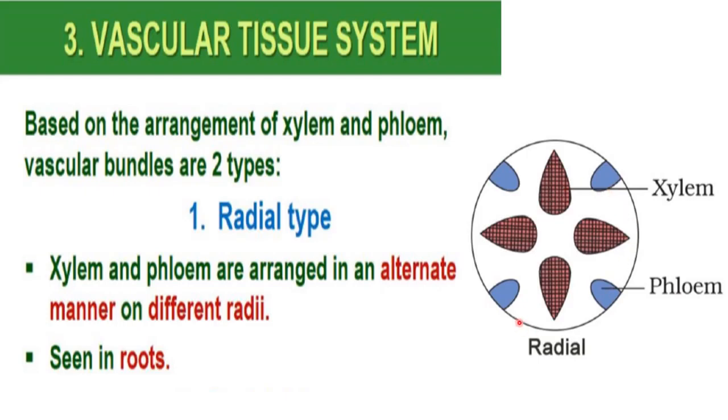So these are arranged in alternate manner, and are present on different radii, right? This radial type of arrangement is found in roots.